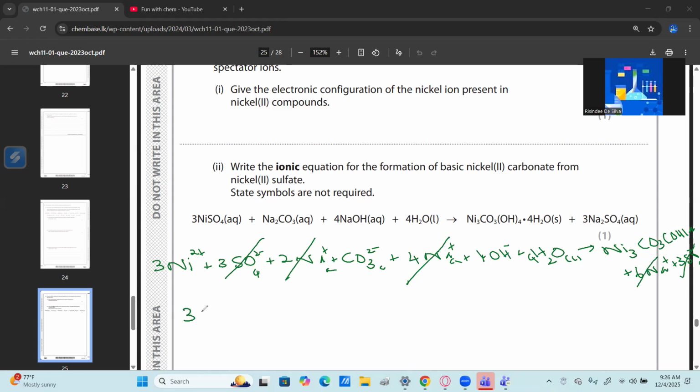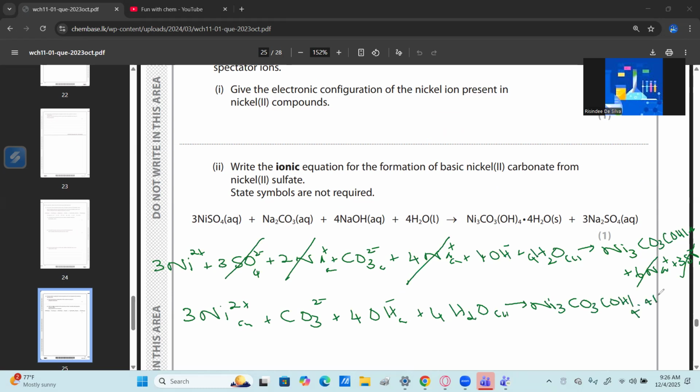So I have 3 Ni2 plus aq, CO3 2 minus, 4 OH minus aq and 4 H2O liquid giving Ni3 CO3 OH4 4 H2O solid only, right? That's it.